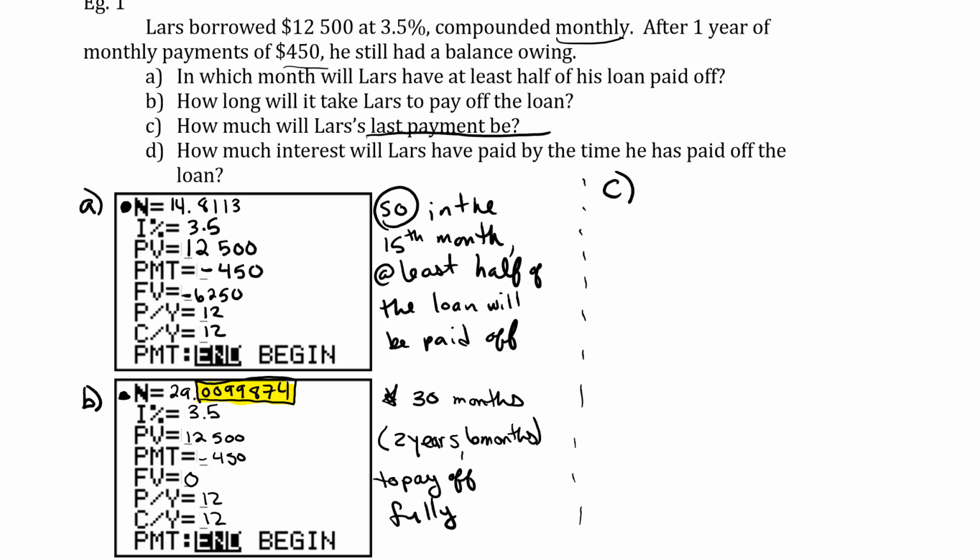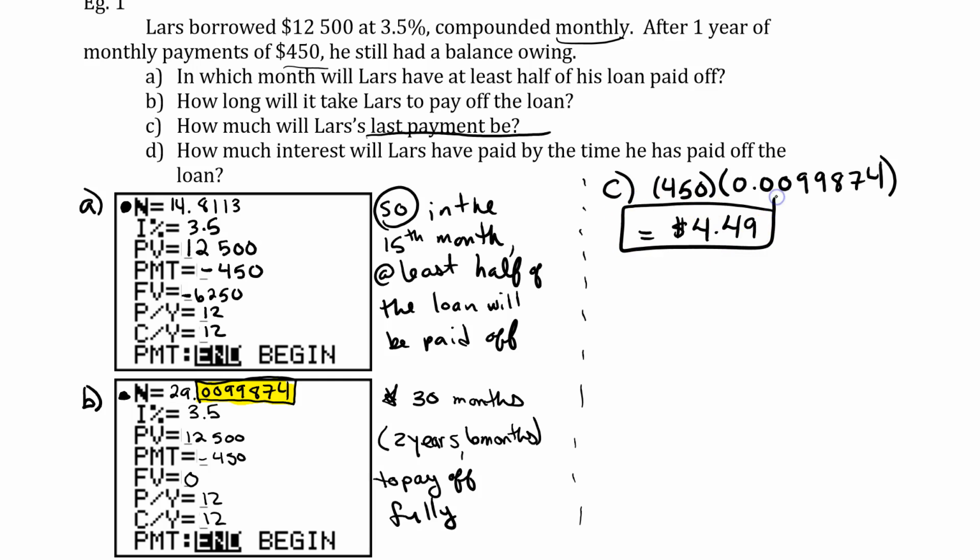So to figure out how much his last payment is going to be, we're going to take that $450 and we're going to find out what 0.99874% of it is. So we multiply it by 0.00999874. When I punch that into my calculator, I'm going to get $4.49. So he's going to be paying 450, 450, 450, 29 times. But then the last one, he's going to say, oh, $4.49. That's good enough.